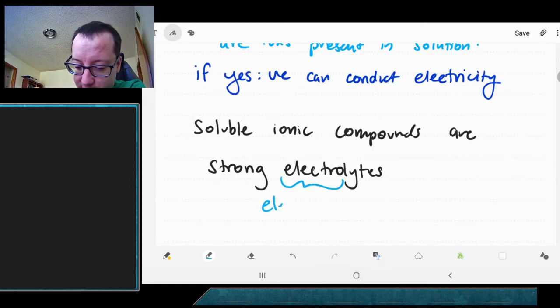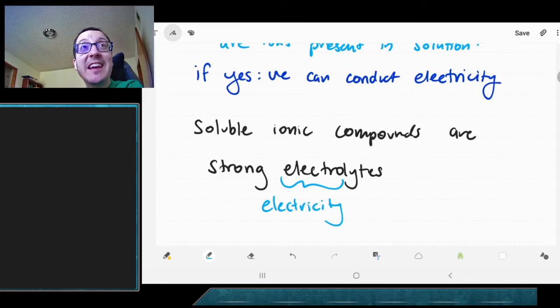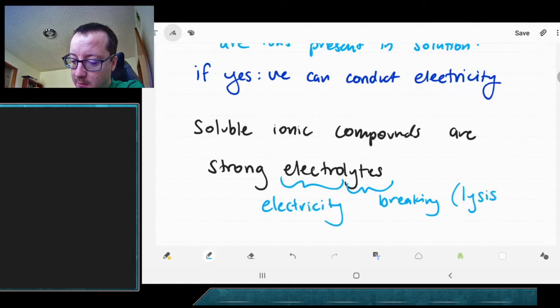Electro refers to electricity. And if you've studied biology, you know what the suffix lyte means. Something that has that lyte ending means breaking. That comes from lysis, by the way. Lysis is breaking.